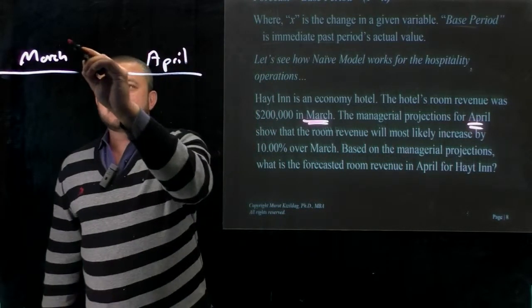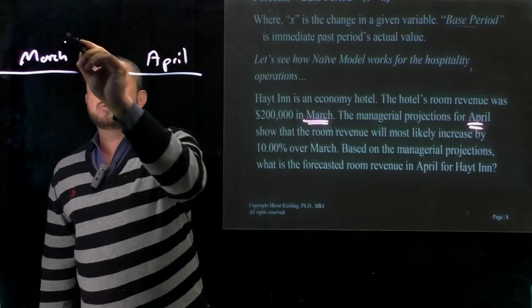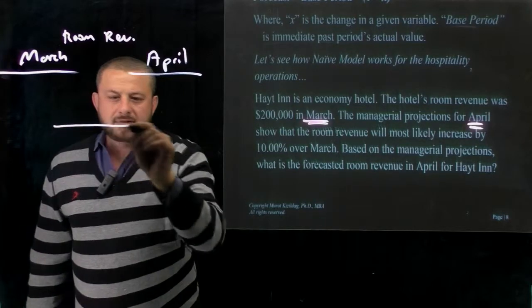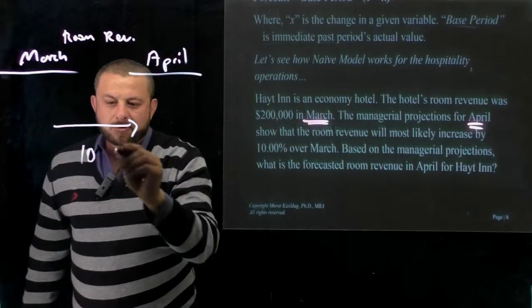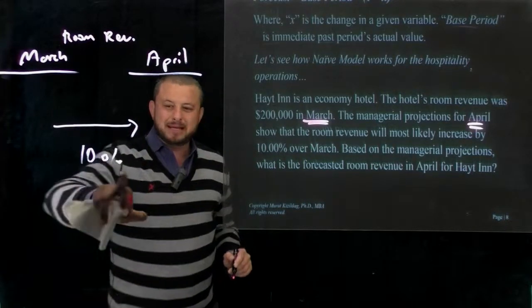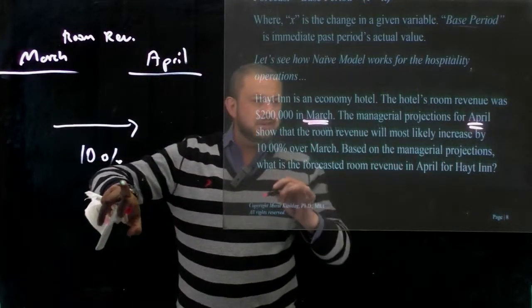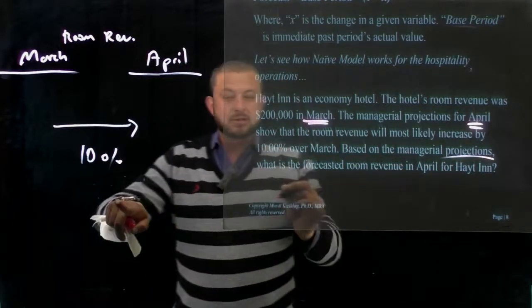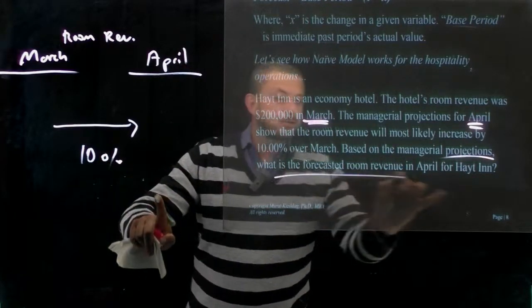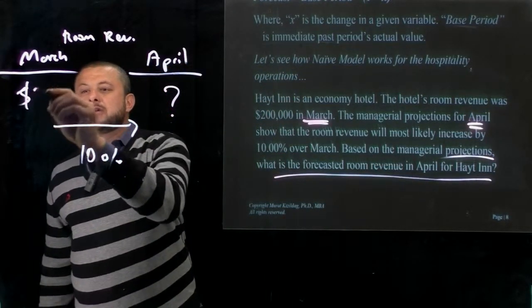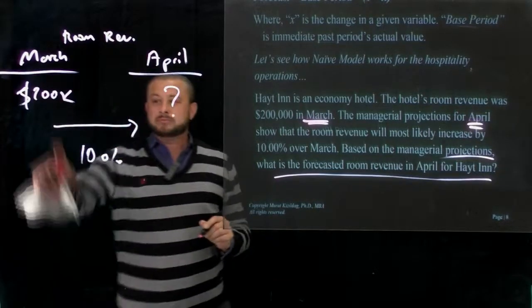So we are talking about the room revenues, and from March to April, the forecasting assumptions tell us there will most likely be a 10% increase in the revenues. Therefore, based on the managerial projections, the forecasting assumption is 10%. What is the forecasted room revenue for April for Hyatt Inn? We are trying to find that because we have $200,000 as the base period.